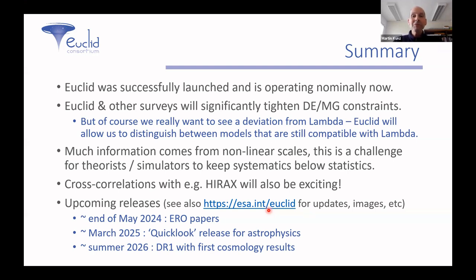But of course, what we really would like to see is a deviation from a cosmological constant. In this sense, the recent DESI results are really exciting because they give us a clear target that we can focus on. But there are challenges not only on the observational side. We not only need more and better data, but we also need to be able to analyze it with the required accuracy, and that's a challenge for theorists and simulators for the nonlinear scales.